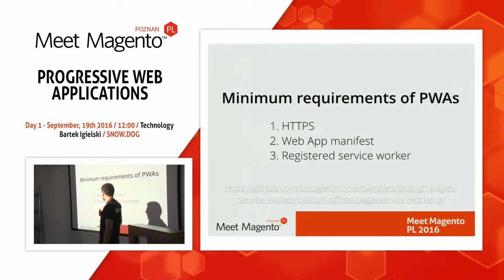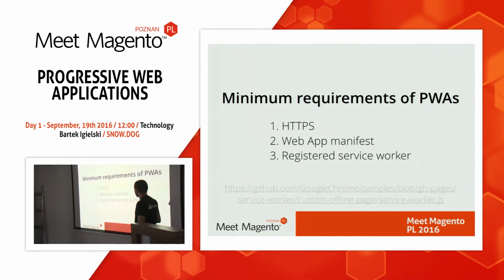So what are the minimum requirements of a progressive web application? Your page has to use HTTPS. I hope this is obvious, and every store that you run already uses HTTPS. The second thing is to have the web app manifest. It's a single JSON file which contains the app name, short name, some kind of description, paths to icons, background color.